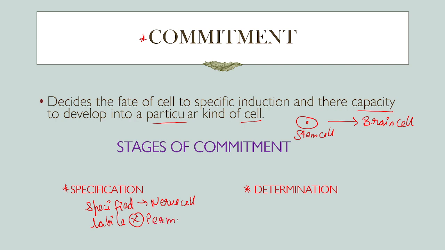That means the cell could become another type of cell, or it can change its fate to some other cell. Say a cell was committed to become a nerve cell during its specification stage, but now it has changed its fate because it was not determined, so it can change into a muscle cell.